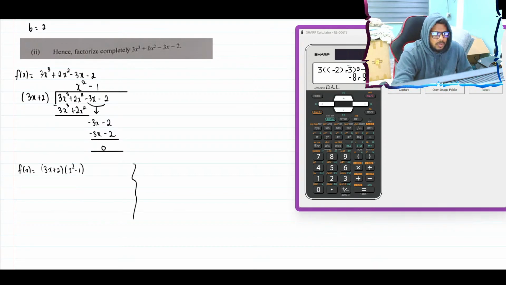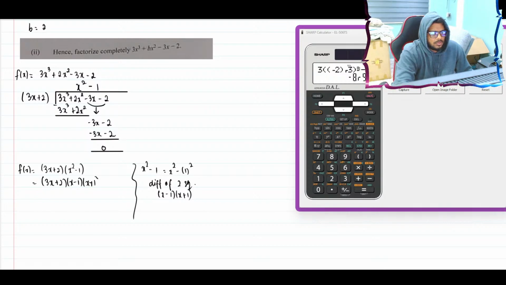You could say it in your working column or right here. x squared minus 1 is x squared minus 1 squared, and this difference of two squares is x minus 1 into x plus 1. So f(x) is 3x plus 2 into x minus 1 into x plus 1.